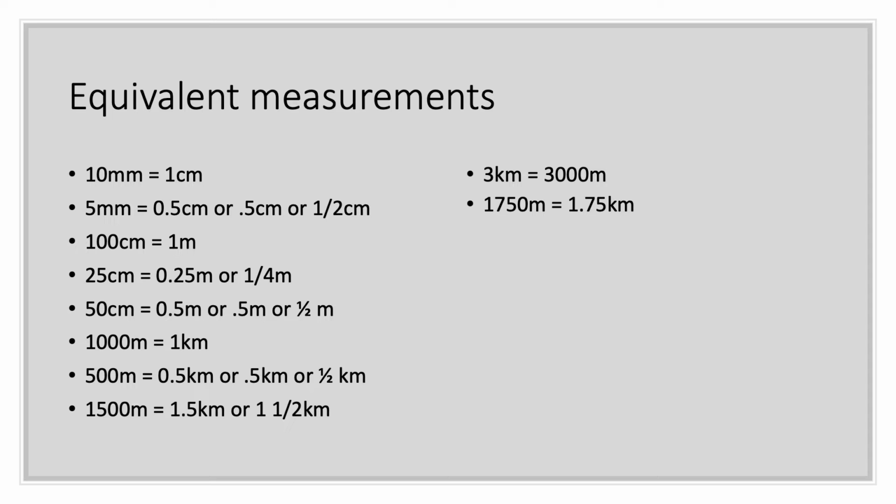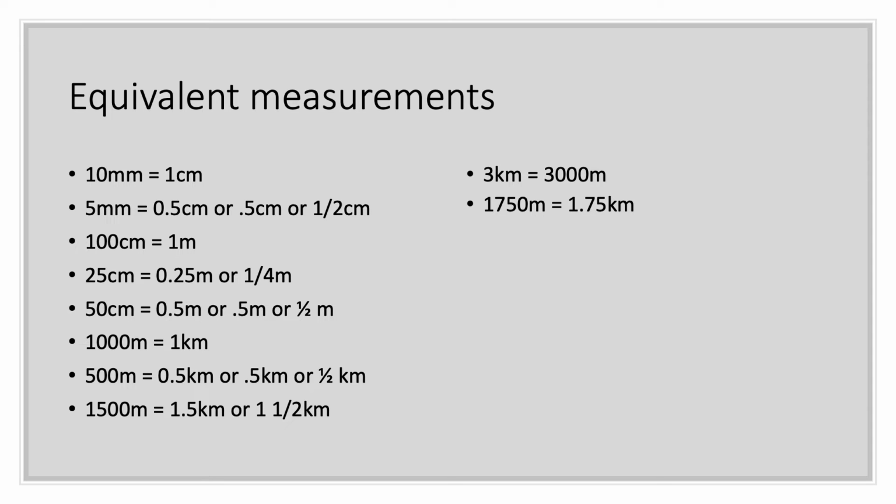So if I was to work out 1,500 meters, I know that 1,000 is 1 kilometer and 500 is 0.5. So 1 and 0.5 is 1.5 kilometers.